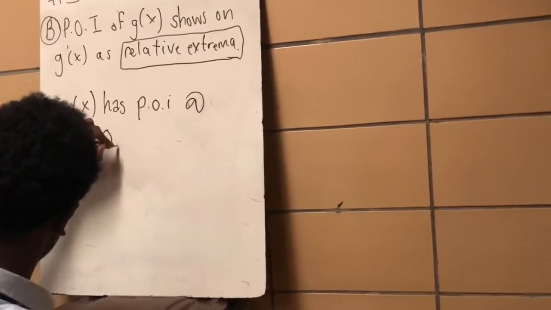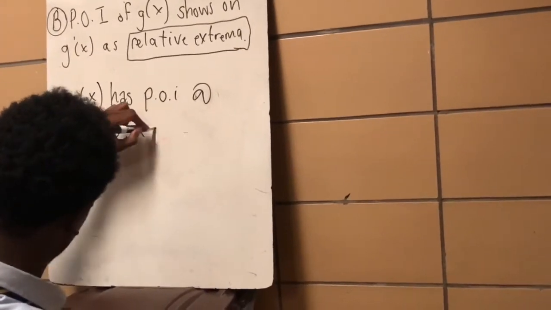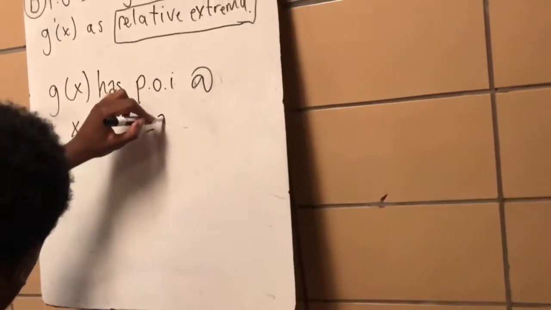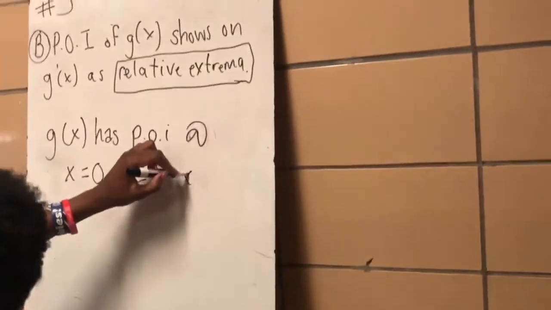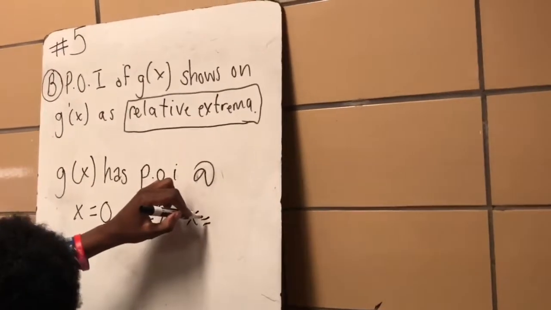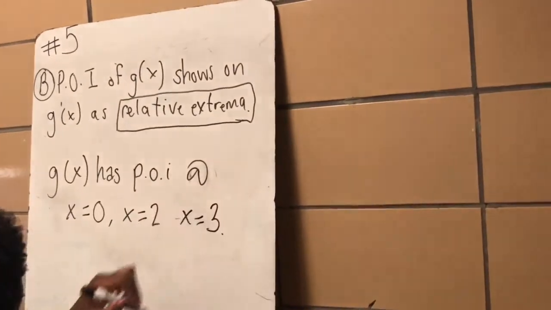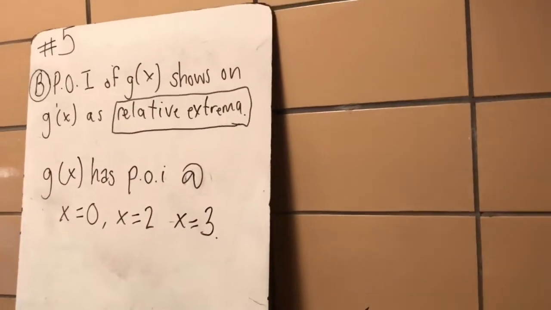When we look on the graph, we notice that g of x has point of inflection at x equals 0, x equals 2, and x equals 3. Remember, g of x doesn't need to be differentiable. It just needs to have a relative extrema.